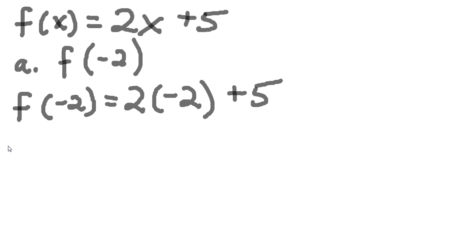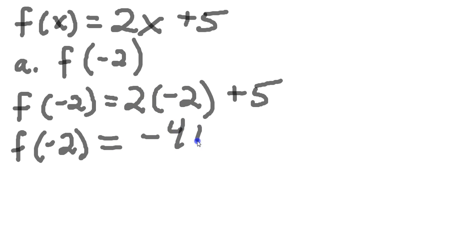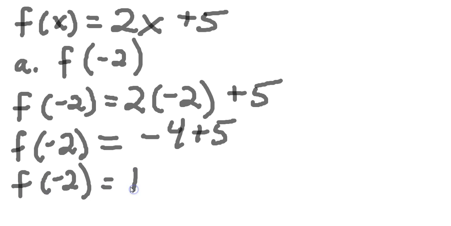It's just telling us what we're solving for, so you leave that alone. So we have f of negative 2 equals 2 times negative 2, which is negative 4, plus 5. Do our last step. F of negative 2 equals 1. Negative 4 plus 5.